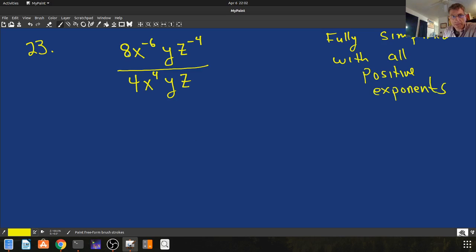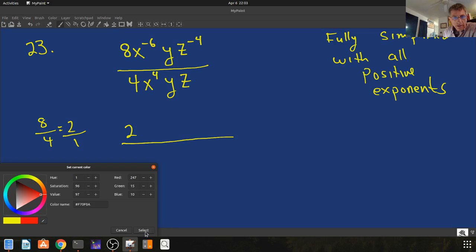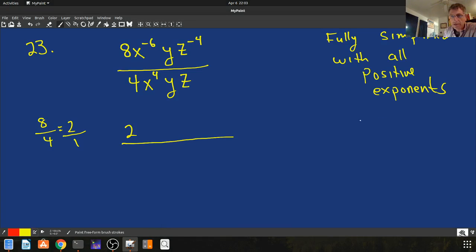So let's simplify the 8 divided by 4. Well, 8 divided by 4 is equal to 2. So I'm going to change this to 2, 2 over 1 if you need to see that. And what do we do to make a negative exponent positive?